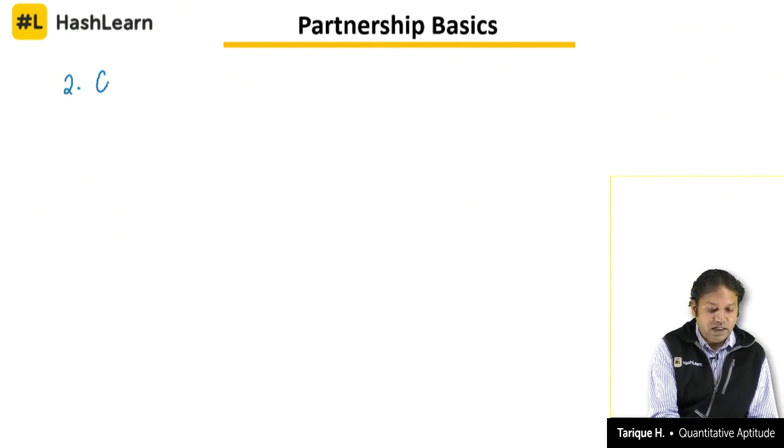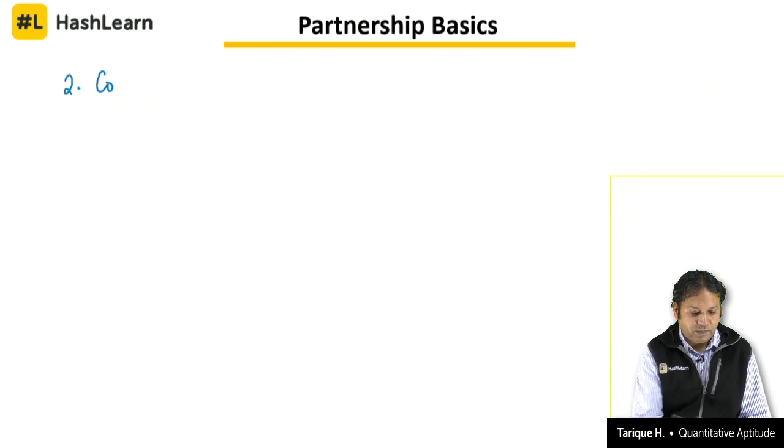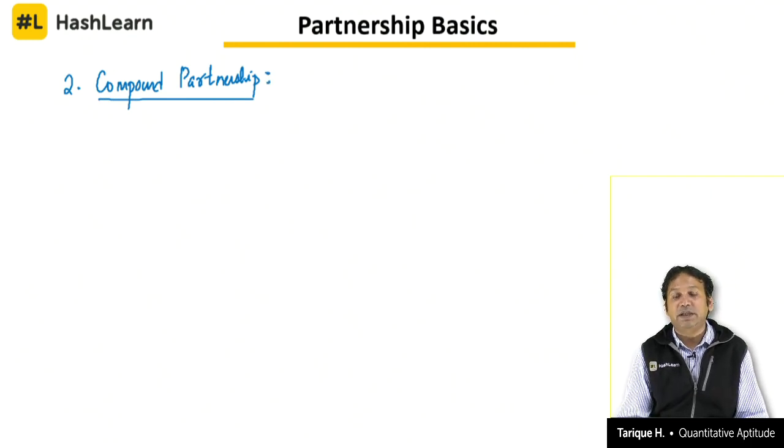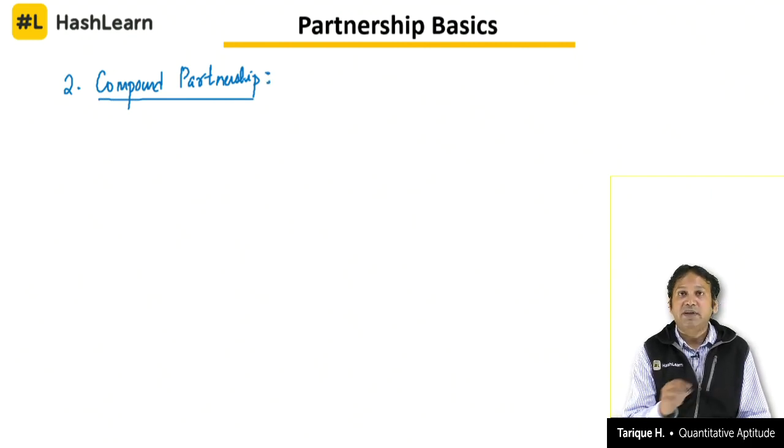Next is what we call a compound partnership. A compound partnership is one where partners invest for different periods of time, and the deposit keeps changing as well. Okay? That kind of situation is called compound partnership.